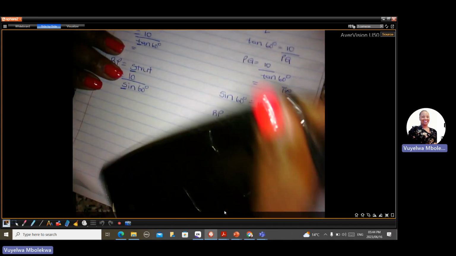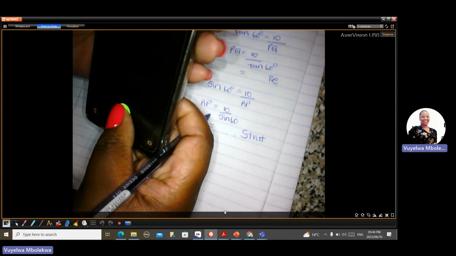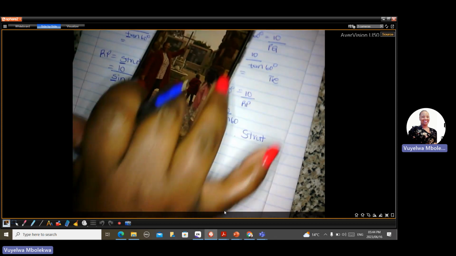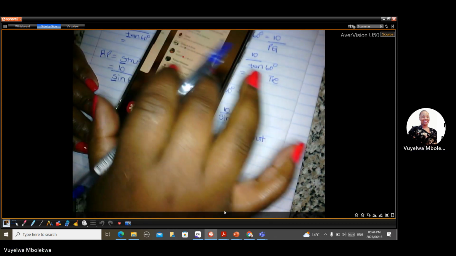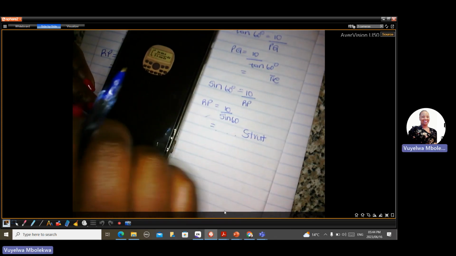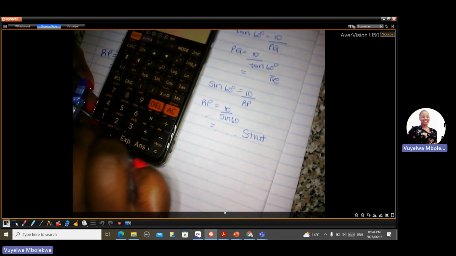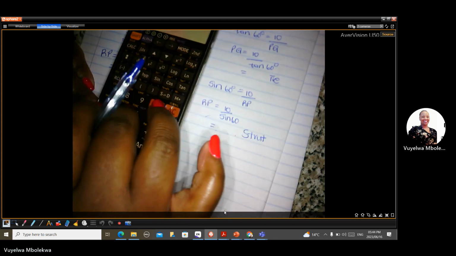So that's basically how it works. We can just calculate the answers just to see. Where are you, calculator? So 10 divided by tan 60 is giving us 5.77.